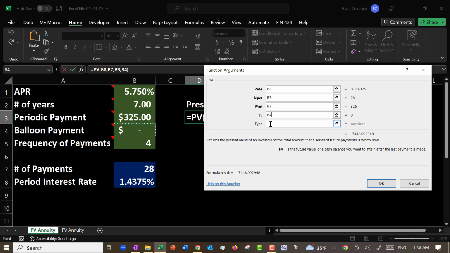If you leave it blank, that means the annuity you have is an ordinary annuity, which means the first payment is made at the end of the first year. If you type a 1, that means it is an annuity due. That means the first payment is made at the beginning of each year.